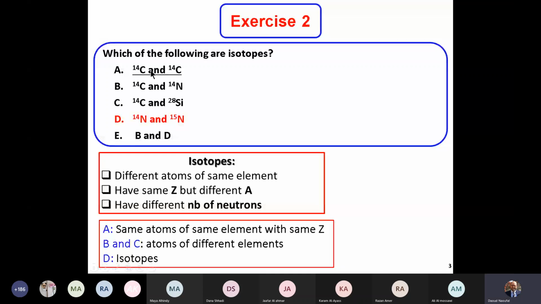C is incorrect. The correct answer is D. We have N, so atoms of the same element, and the difference is in the mass number A, which is equal to 14 in the first and 15 in the second. So the answer is D.